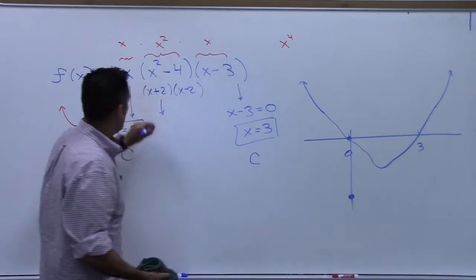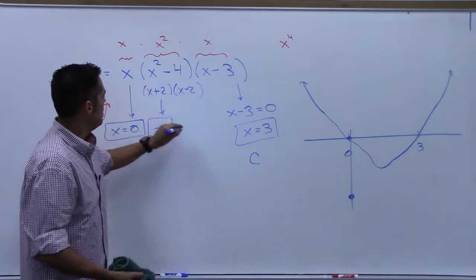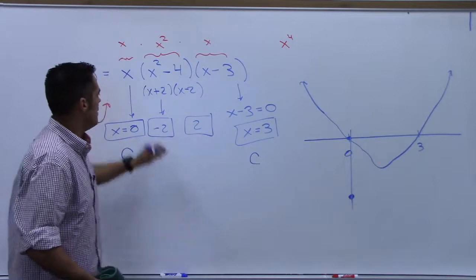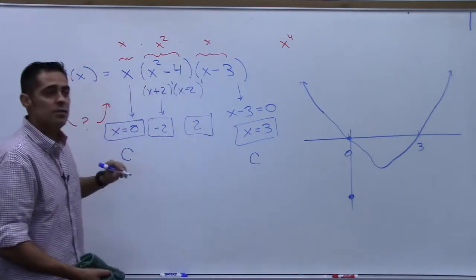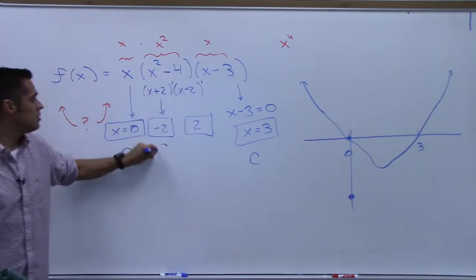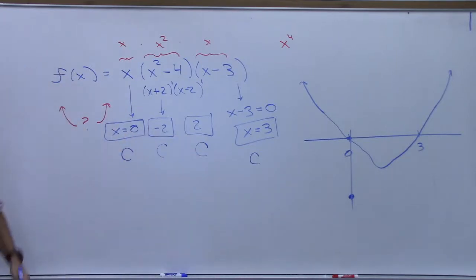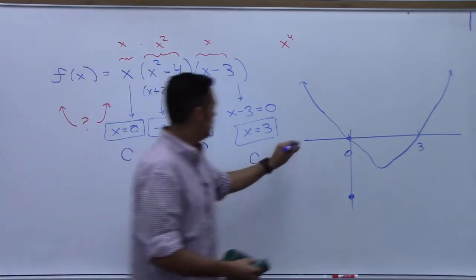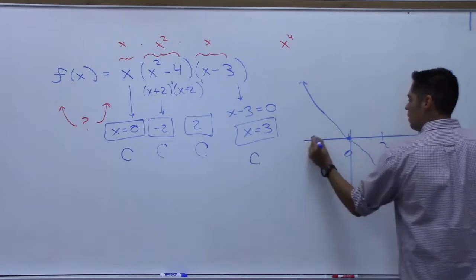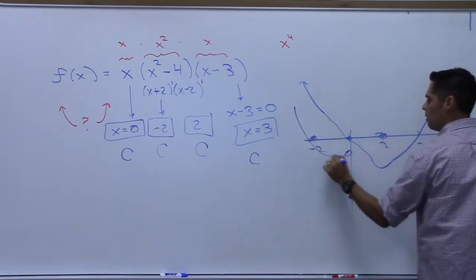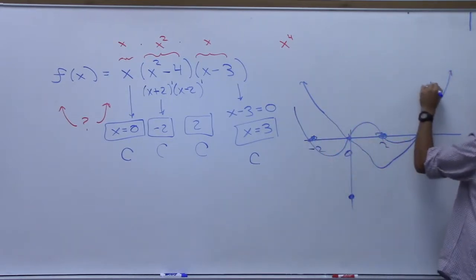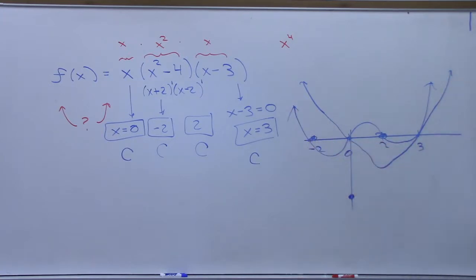And then each of these factors would give us an answer, negative 2 and positive 2. And then you're looking at the power on each of the factors, so they'd be odd. Okay. So you would cross, and you would cross everywhere. The picture would look kind of like number 6.